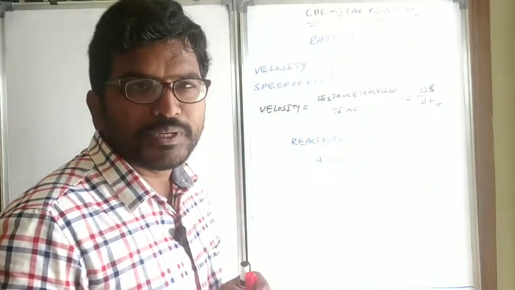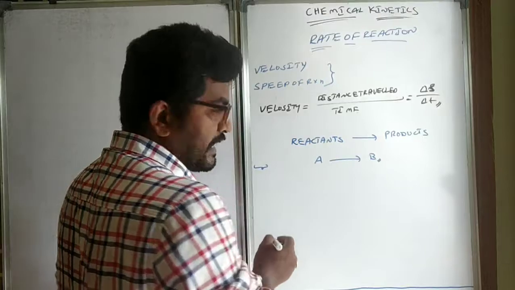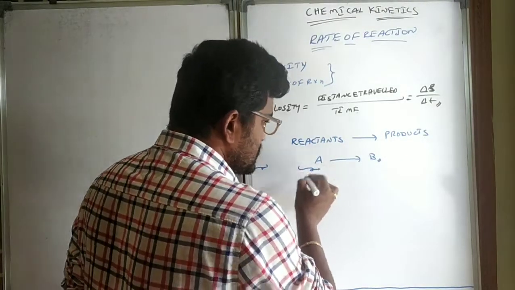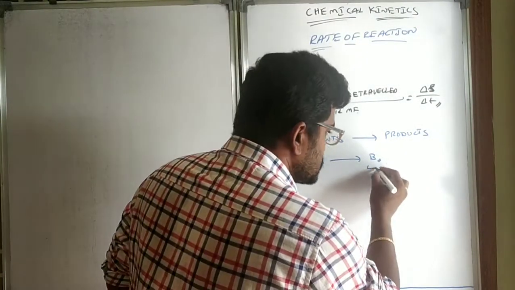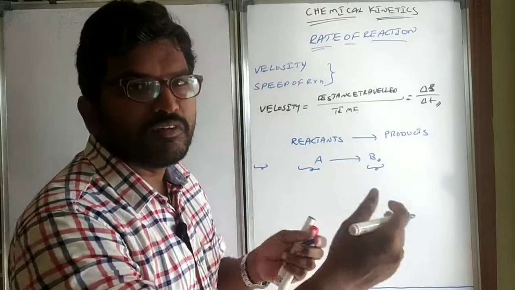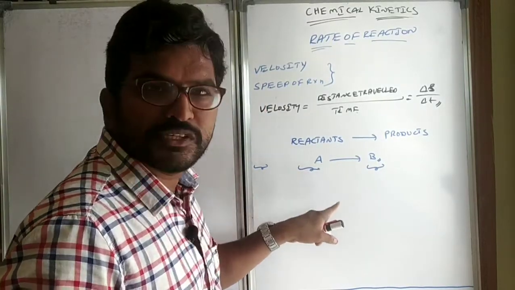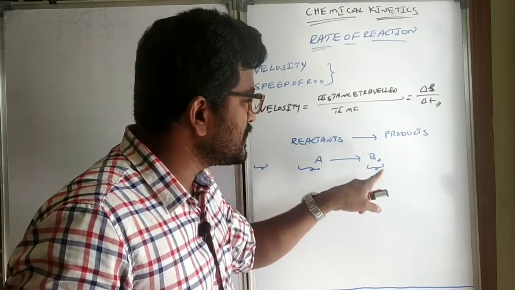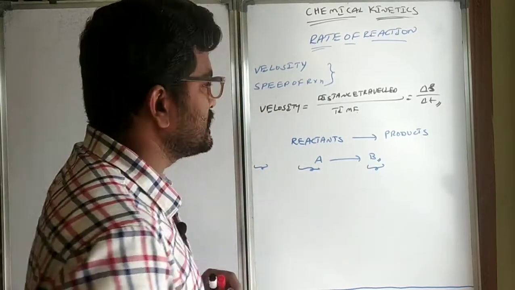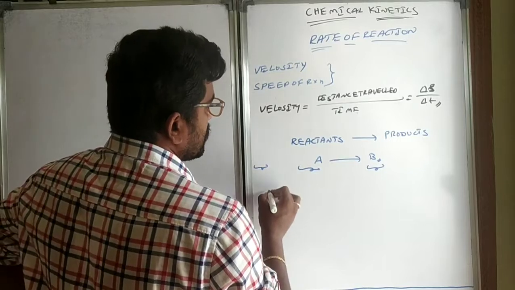For every interval of time we find the change in concentration of A or of B, and we take the ratio of the change in concentration of A to the change in time, or of B to the change in time. That gives the rate of reaction.